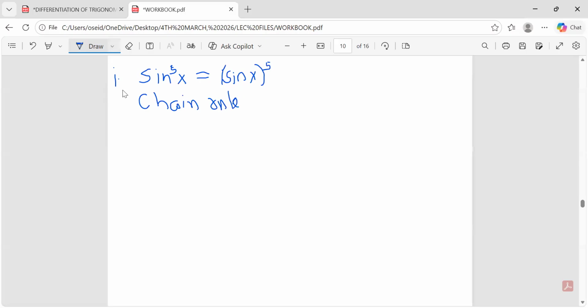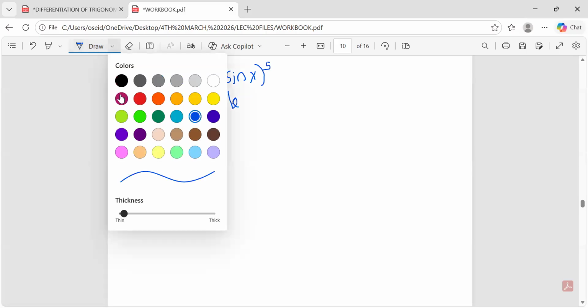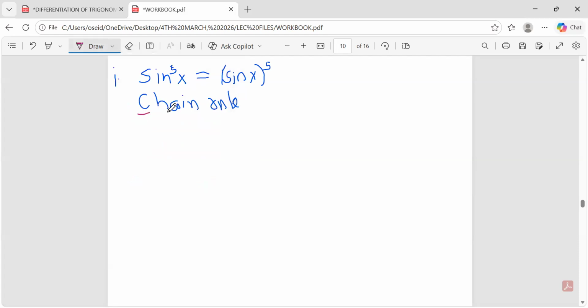Right. So with the chain rule, we know that we need to represent each function by a letter. So let u equal sine x, and then y should be equal to u exponent 5.